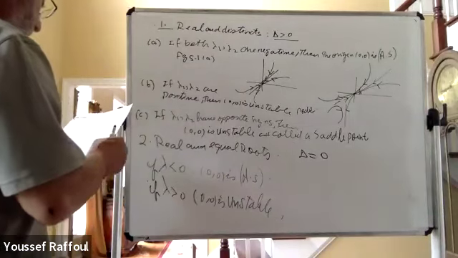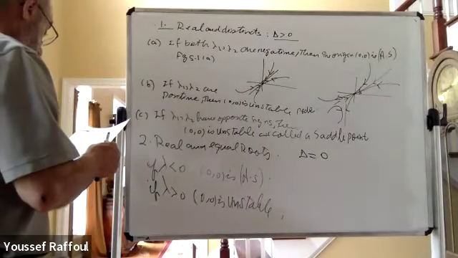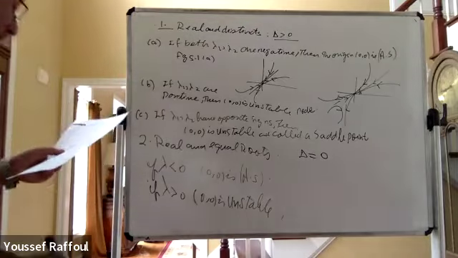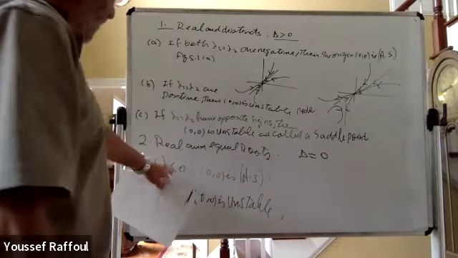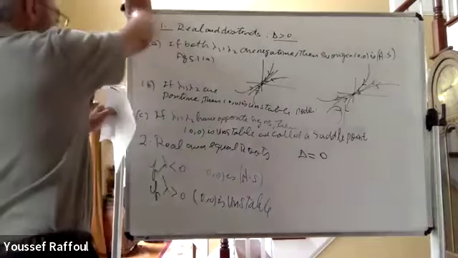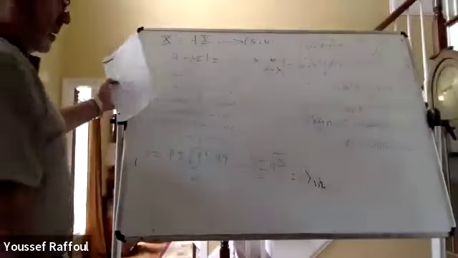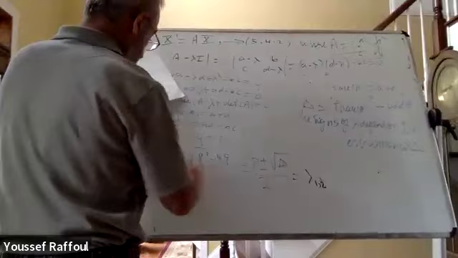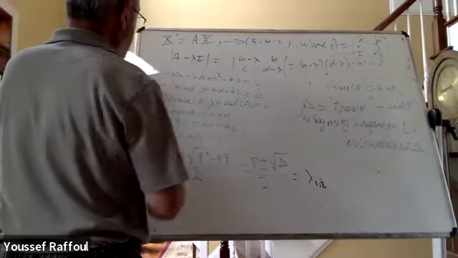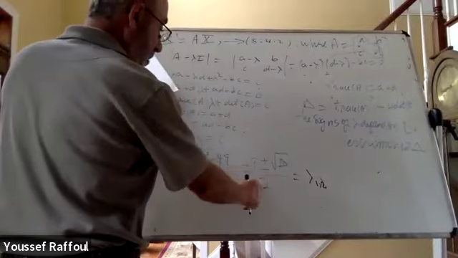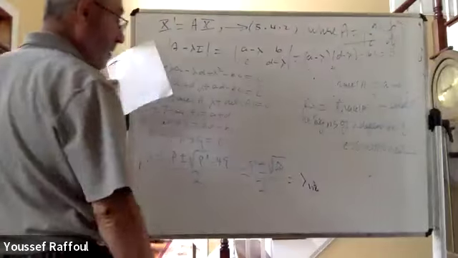And so basically, in this situation, if delta is 0, remember lambda depends on p. So if a plus d is negative, then there you go, you will get stability.